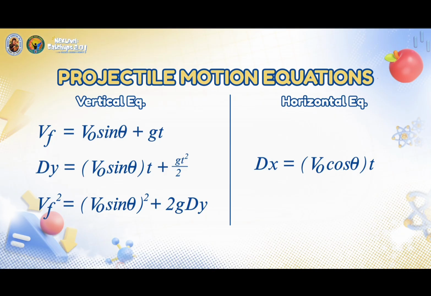And then we have the final velocity squared is equal to the quantity initial velocity sine theta squared plus 2 gravity multiplied by the vertical displacement. And then for the horizontal equation, we have 1, which is the horizontal displacement is equal to the quantity initial velocity multiplied by cosine theta multiplied by time.